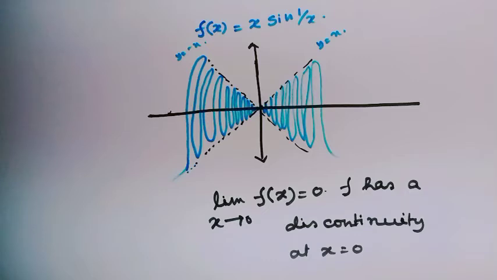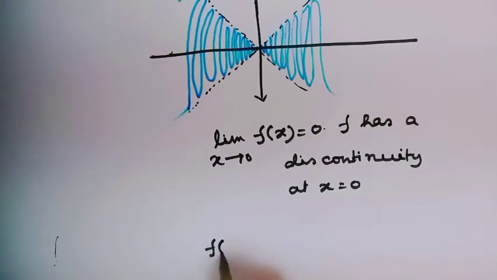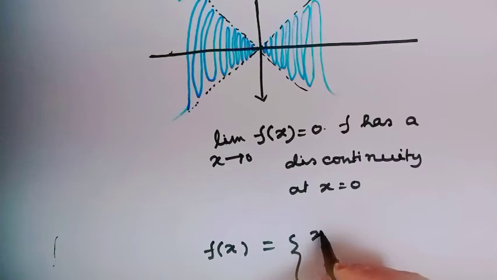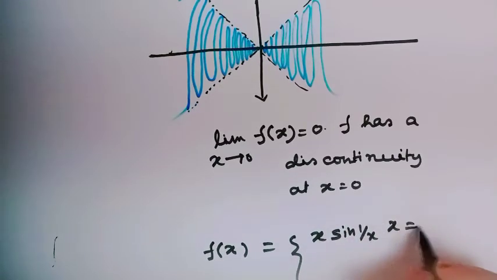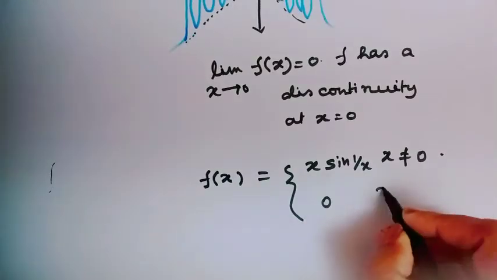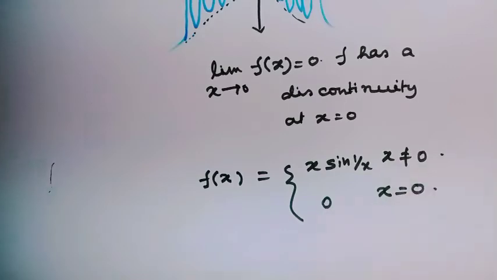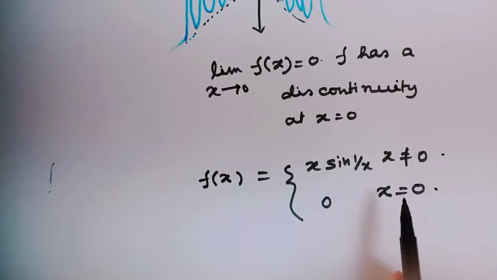Now I define the function in a new way. fx equal to x sine 1 over x when x is not equal to 0, and 0 when x equal to 0. And this is the new redefined function.